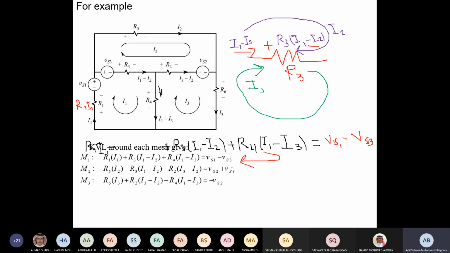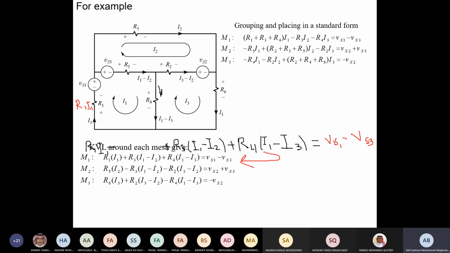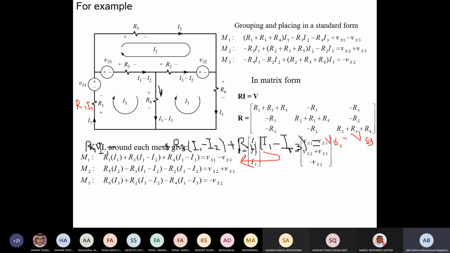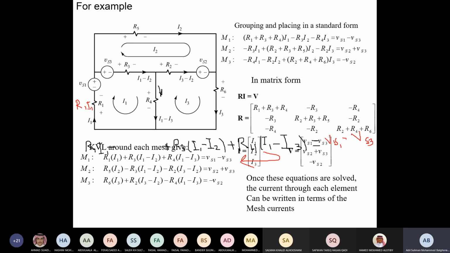I do the same thing with mesh 2 and mesh 3, and I will have 3 equations and 3 unknowns. Then I go and simplify them and put them in a matrix form.